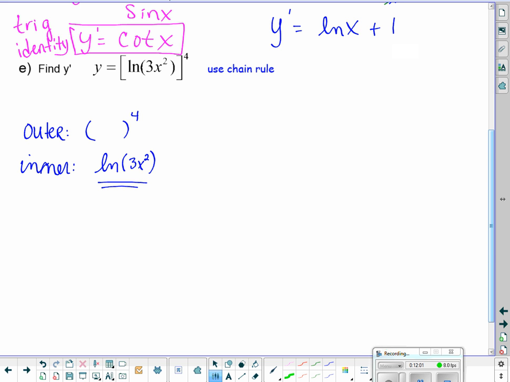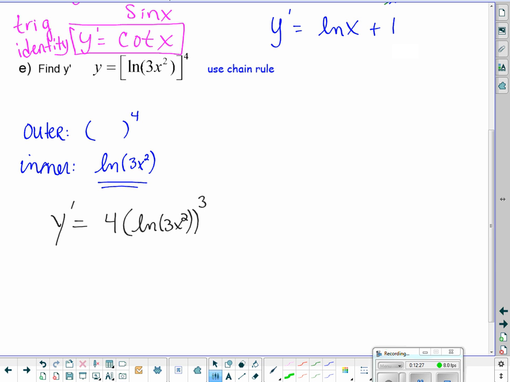All right, so we start on our outer function, don't we? y prime will be 4 comes down, changes to a 3, power rule, of the inside function that we just leave alone, don't we?